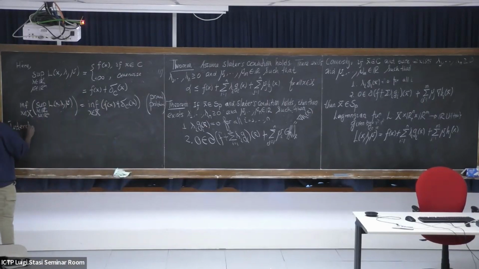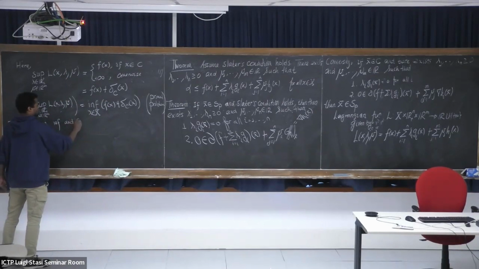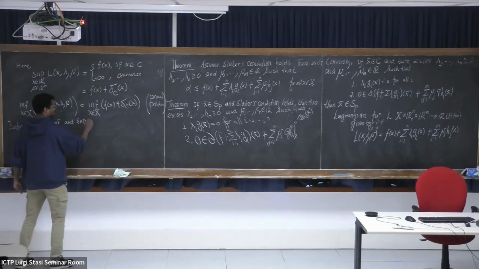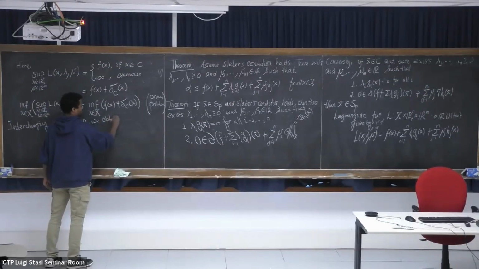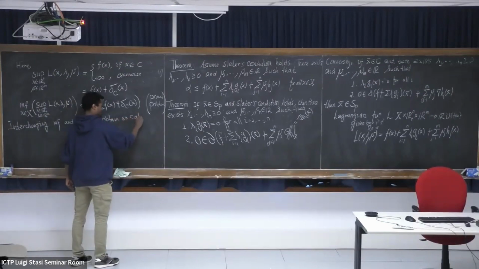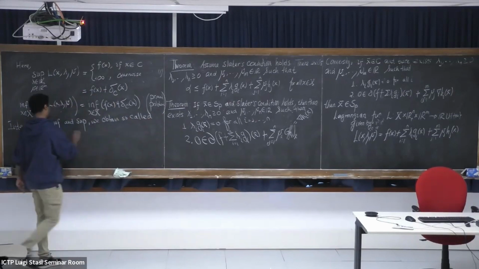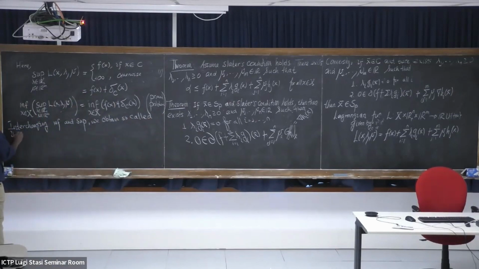Interchanging the infimum and the supremum, we get the so-called dual problem of Lagrange multipliers.